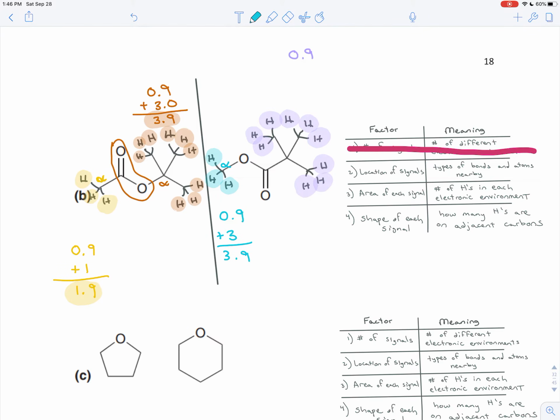So we have 3.9. The other hydrogens, the purple ones, those are alpha and beta. And so if you're beta from a carbonyl, then you add 1/5 of 1, which is 0.2, and so we'd expect that to show up at 1.1.